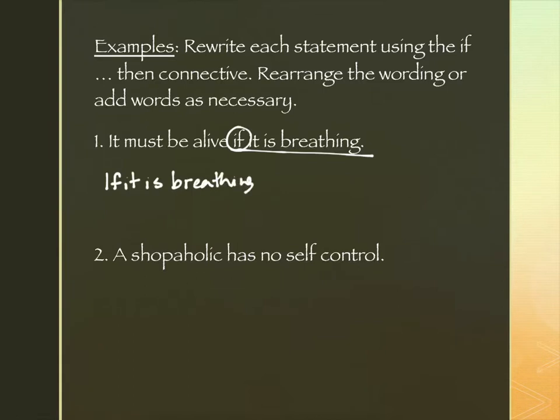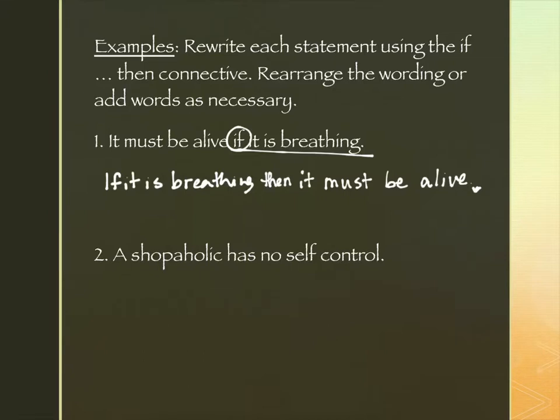And then we go back to the part that we skipped over, and that's my then part. Then it must be alive. Is that all right? Okay, so wherever if is, it just moves to the beginning of the sentence.